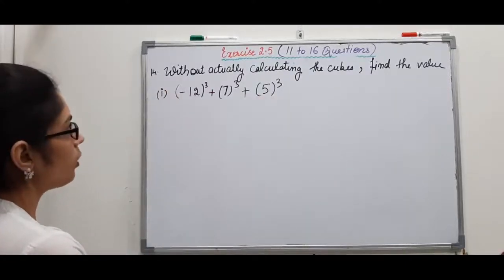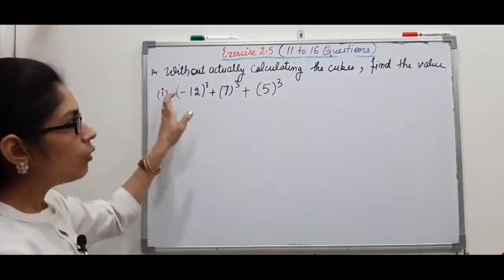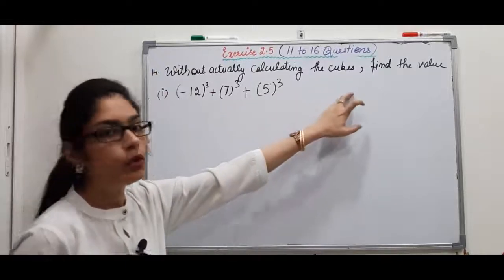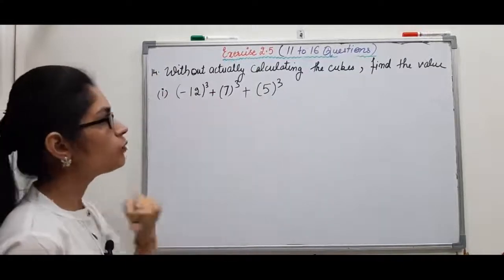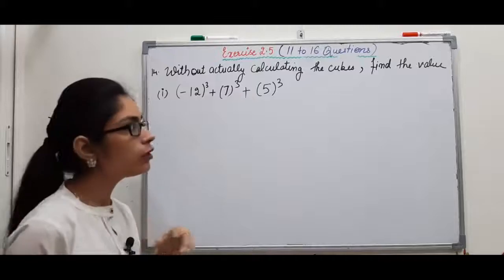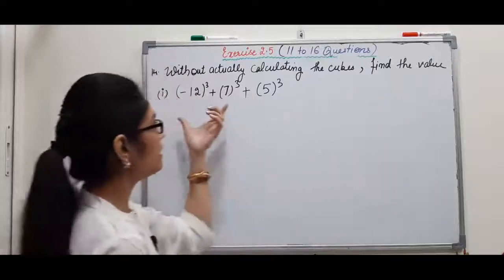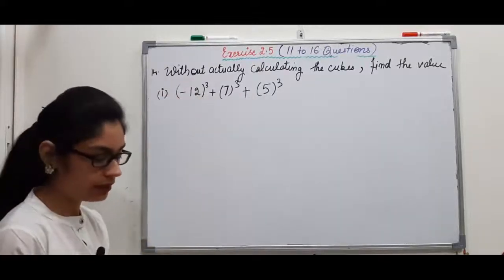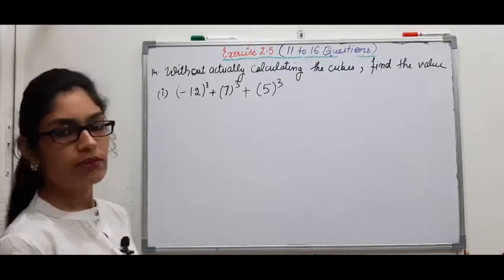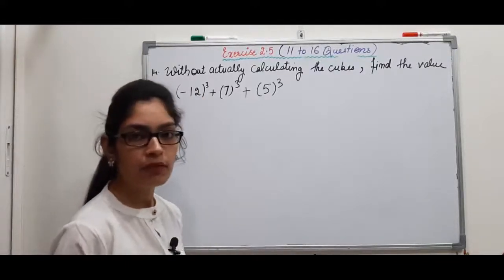In question number 14, it's given without actually calculating the cubes. See, cubes are there, so we don't have to actually calculate the cubes. We have to find the value of this expression without actually finding the cubes. So for this question we have to take a little help from the previous question.